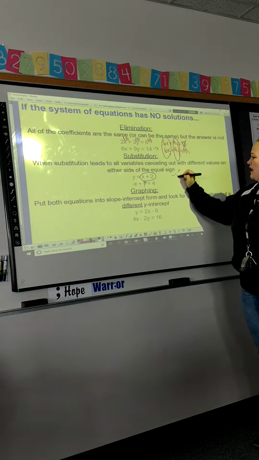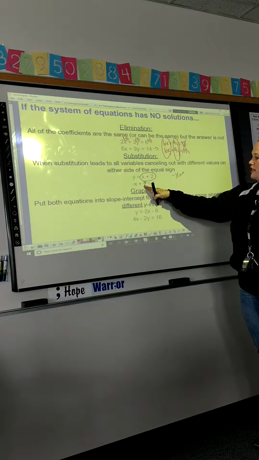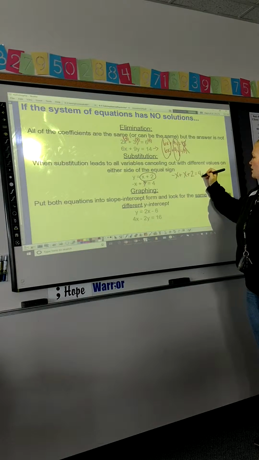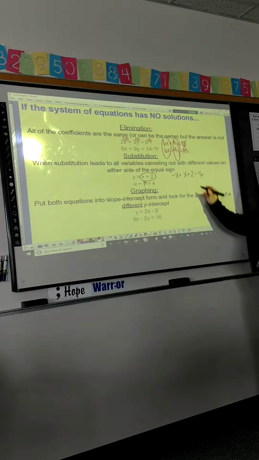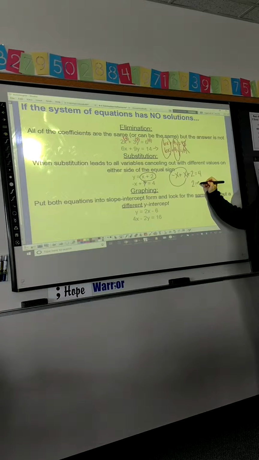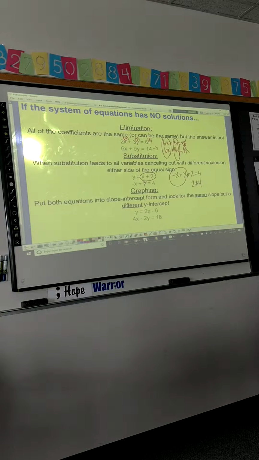So we'll say negative x plus, but instead of writing y, I'll say x plus 2 equals 4. But what happens here to the x? They drop out and we're left with 2 equals 4. Is that true? No. Another reason why that would be no solution.